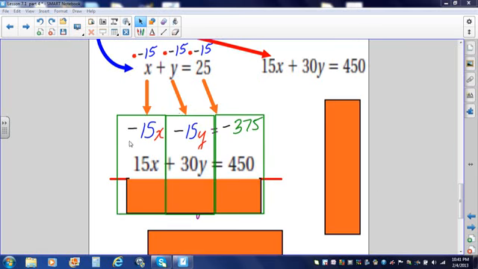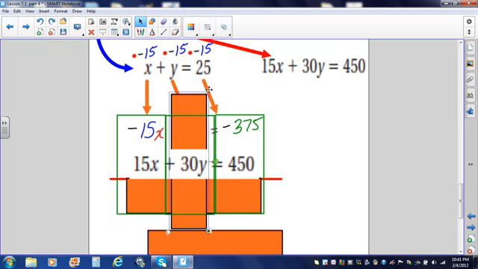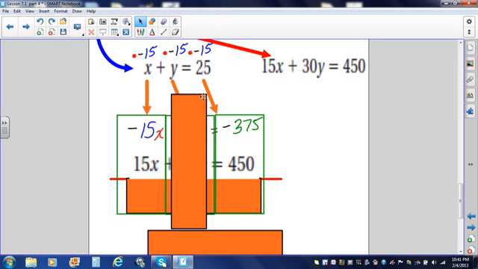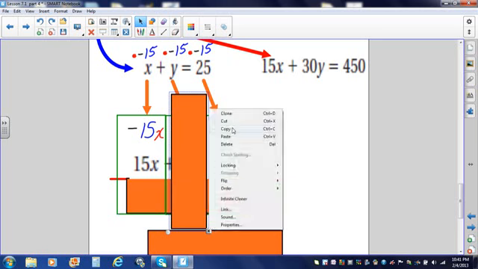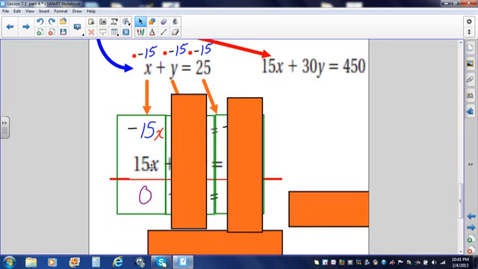Now I can draw boxes around them and combine them. I'm going to combine the negative 15x and the positive 15x. When I do that, they will cancel or give me 0.